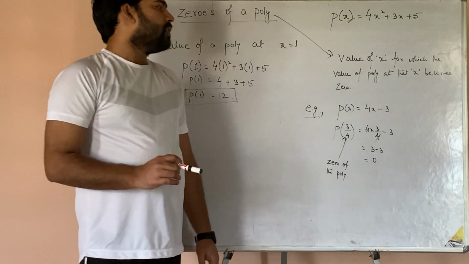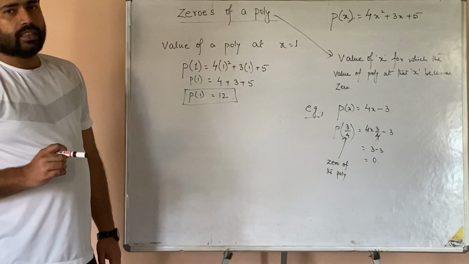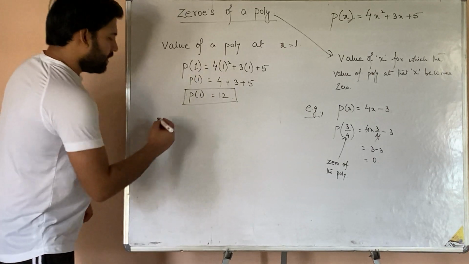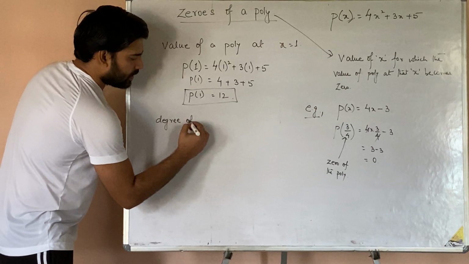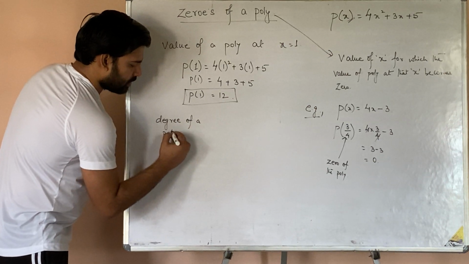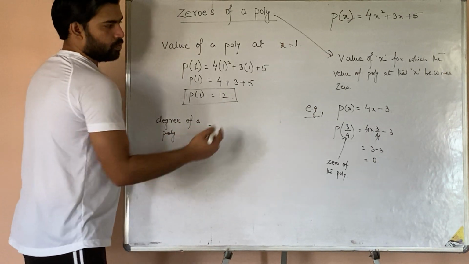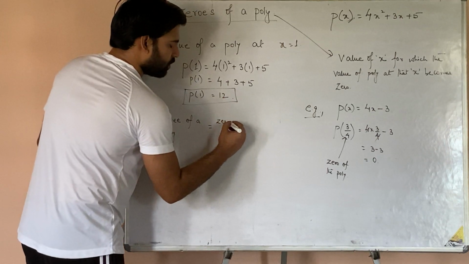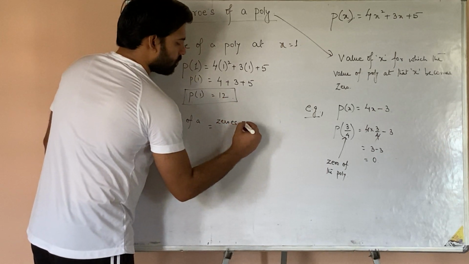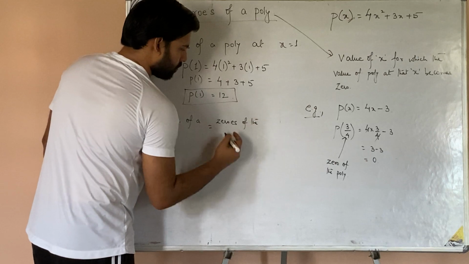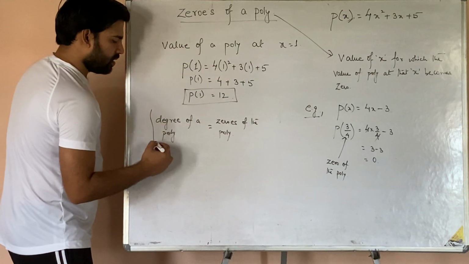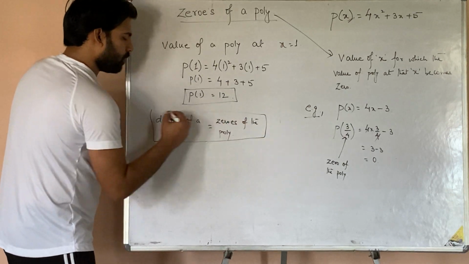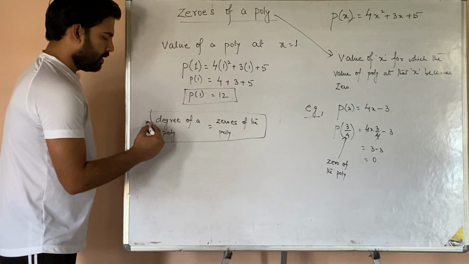Now the most important point that we need to understand here is that the degree of a polynomial is equal to the number of zeros of the polynomial. This is a very important point that you need to understand.